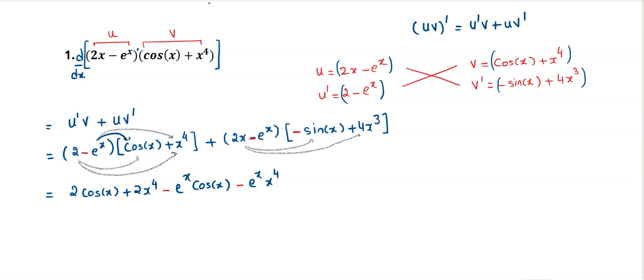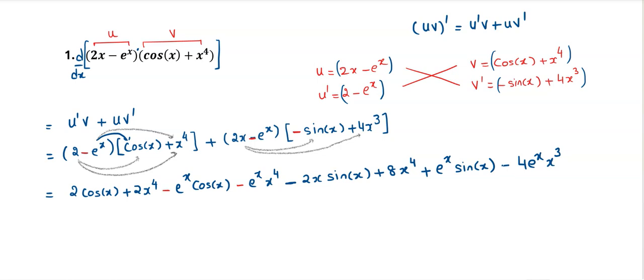So for 2x, the sign is plus and here minus. So minus 2x sin x. And then plus 2 multiplied by 4, 8 x power 4. And then minus minus becomes plus e power x sin x. And then minus times plus gives minus 4 e power x x power 3.